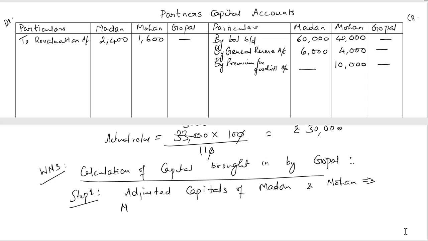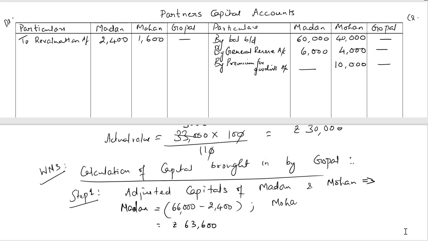In the case of partner Madan, the total of the credit side comes to 66,000 rupees minus the total of the debit side 2,400 rupees. So we have 63,600 rupees as Madan's adjusted capital.